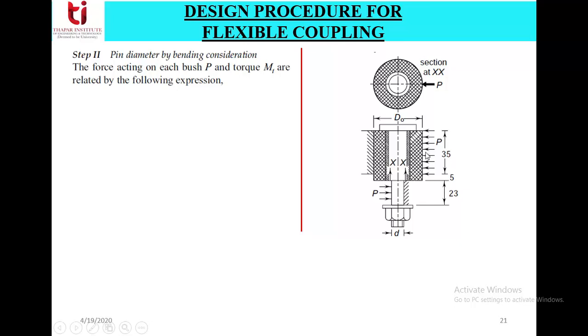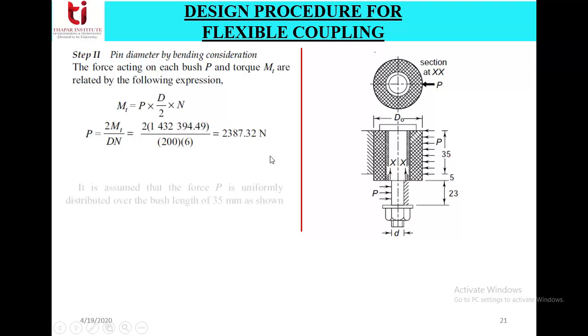These forces and torque can be interrelated by Mt is equal to P into D by 2 into N. We have already seen this expression if you recall in the design of pins. So we get P is equal to 2 Mt by D N. So it means now we can get the force which is acting on this bush. This P is known to me, that is about 2.38 kilonewton.